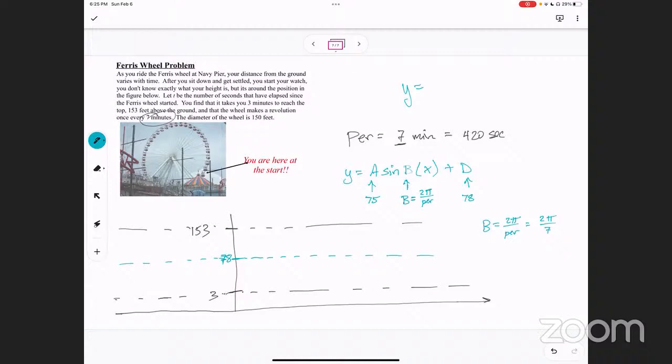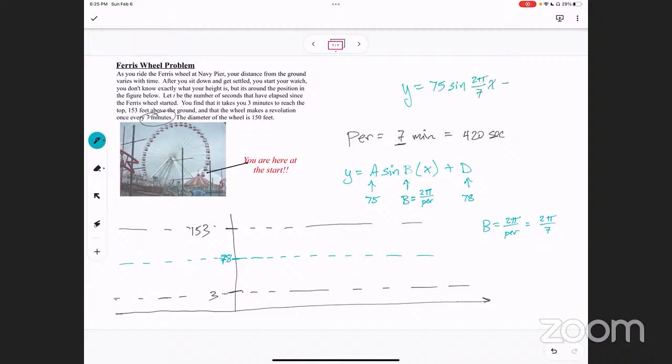You would write 2π over b equals 7. Nope, I want the whole formula now. We've already found all the things. Tell me what my equation is. Y equals 75 sine 2π over 7 x plus 78.